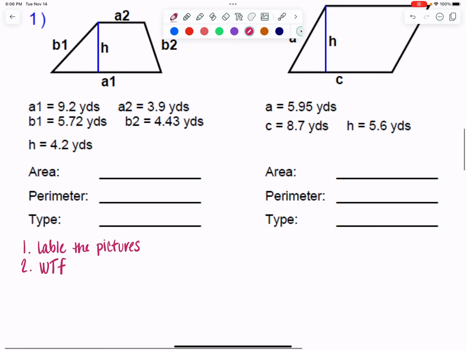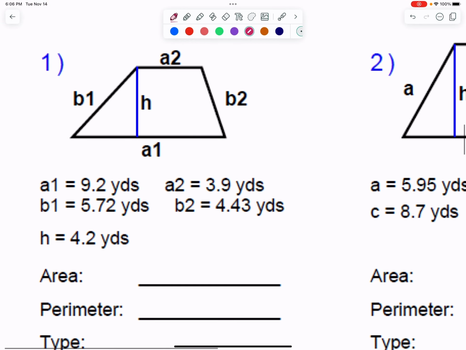So here we go. I'm going to shrink my pen a little bit because I have a feeling this might get a little crowded. I know that one of my bases is 9.2. I know the other one is 3.9.